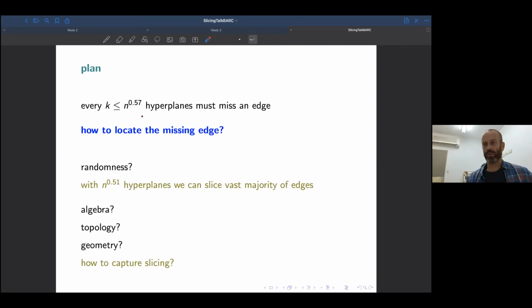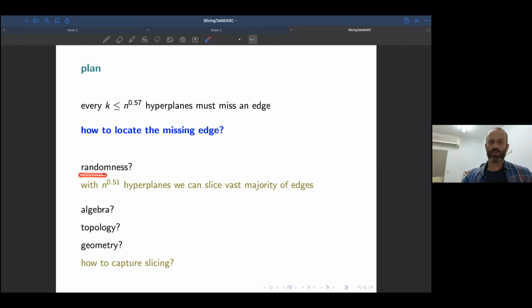Now we should locate an edge that they miss. This is the plan, to find some edge that they miss. Now the question is, how do we locate this edge? So what mechanism can we use to locate this edge?